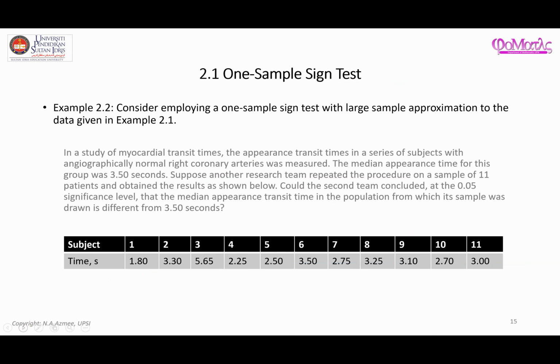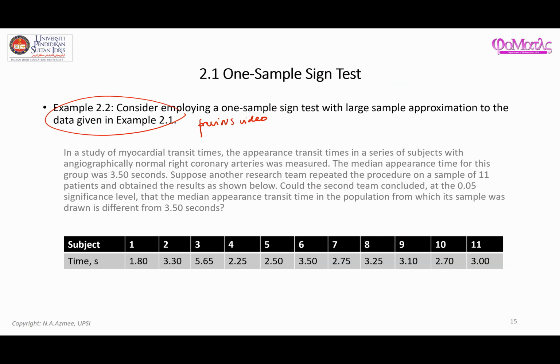Okay, so without further ado, I'm going to consider the same example which you have already seen in the previous video, where I explained the original procedure of one sample sign test.